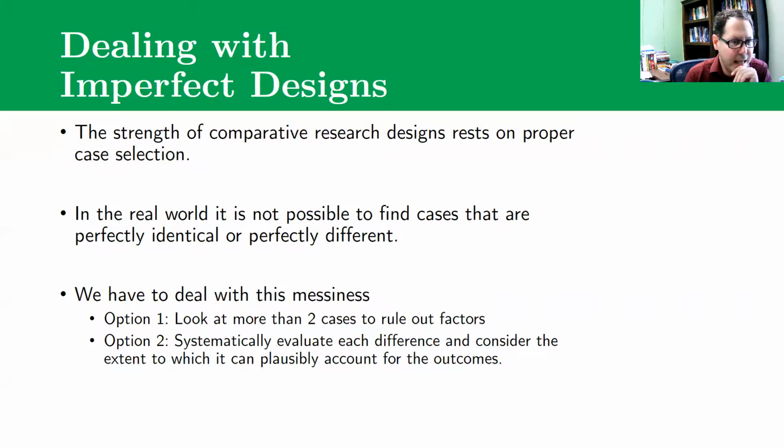A second strategy is to use our analytic powers to conduct what are sometimes called counterfactual analyses. I say, here are the six things in these two cases that are different and that could potentially be confounding factors, and I'm going to consider each of them in turn.